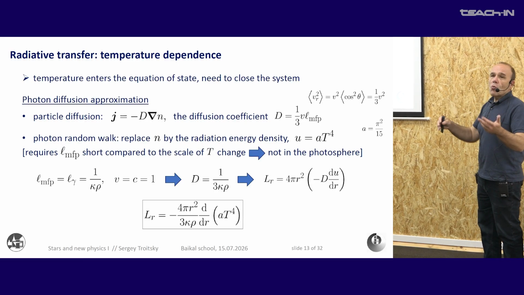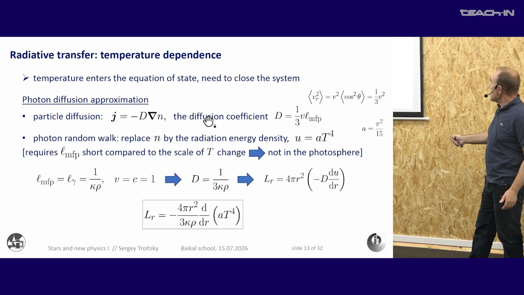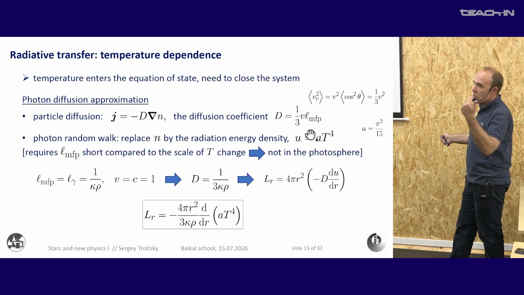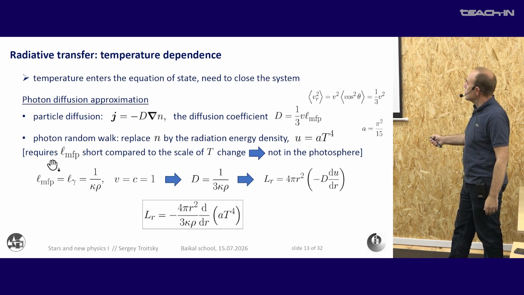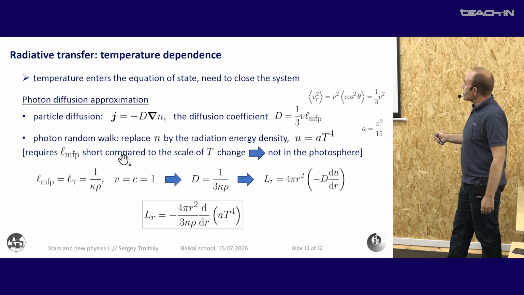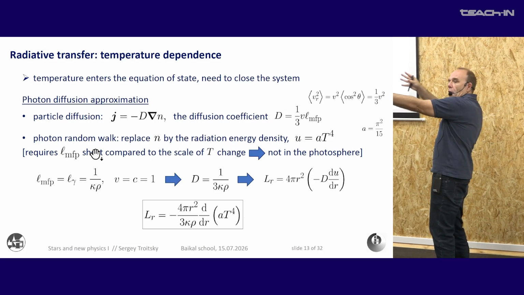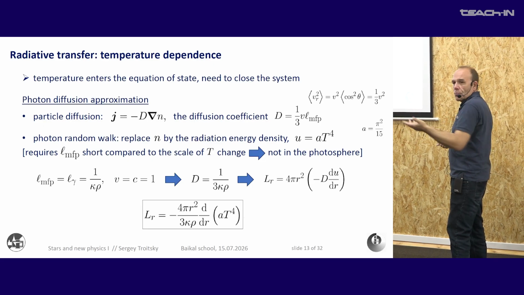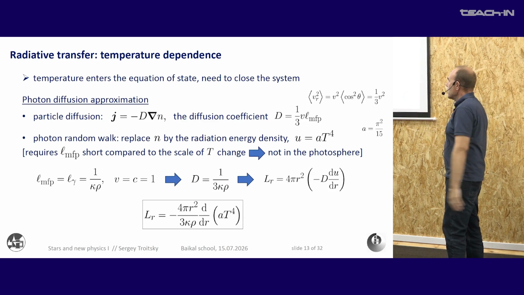And for photon random walk, we simply trade the concentration for the radiation energy density, where I put the speed of light equal to 1 for simplicity. For short mean free paths, of course, somewhere close to the stellar surface, this condition breaks because the star becomes progressively less dense.